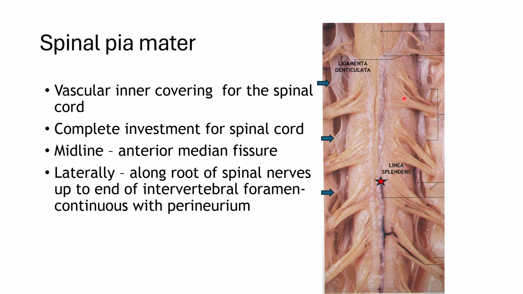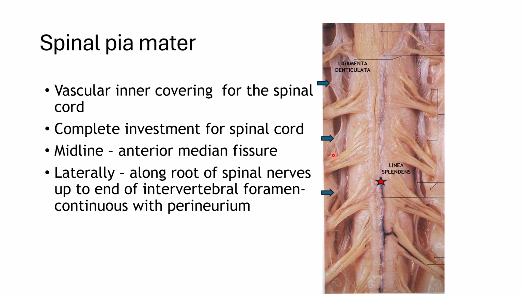In the midline you will find the anterior median fissure. In relation with that, there is a thickening of the spinal pia mater, which is known as the linea splendens.